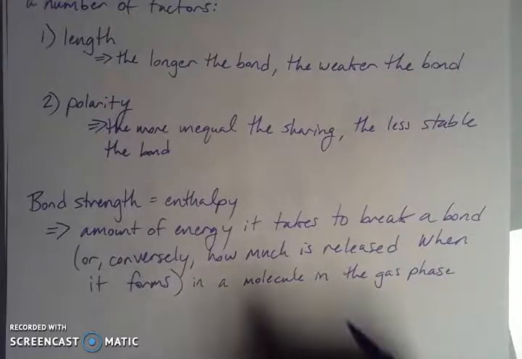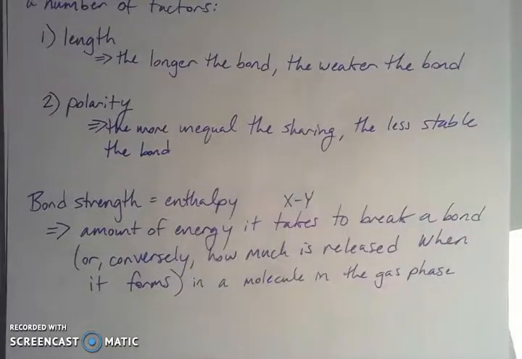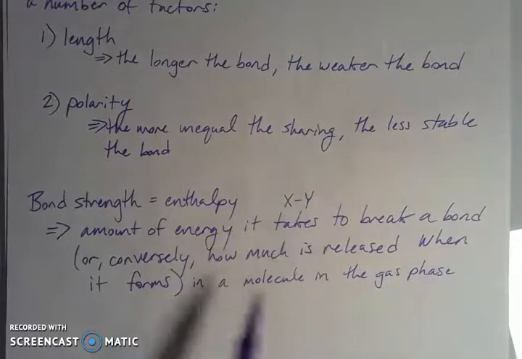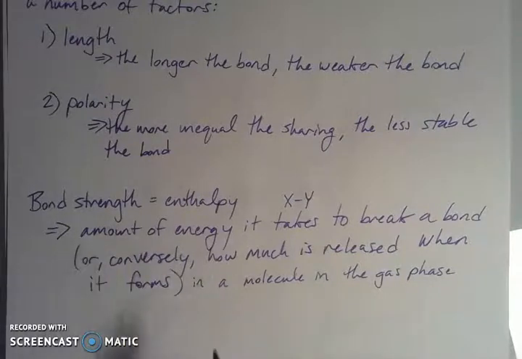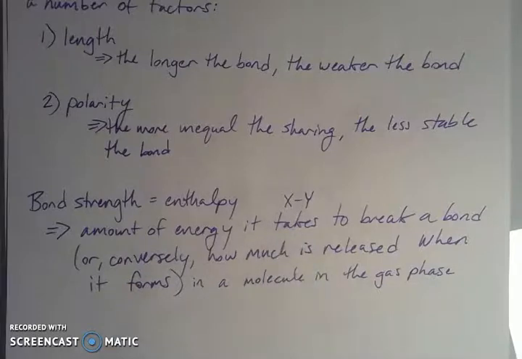If I have two things bonded together, X and Y, the amount of enthalpy that it takes to break this bond is the bond energy. And that strength and the energy are intertwined. Conversely, when I form this bond between X and Y, energy is released, and that's the negative of that bond energy or bond enthalpy.